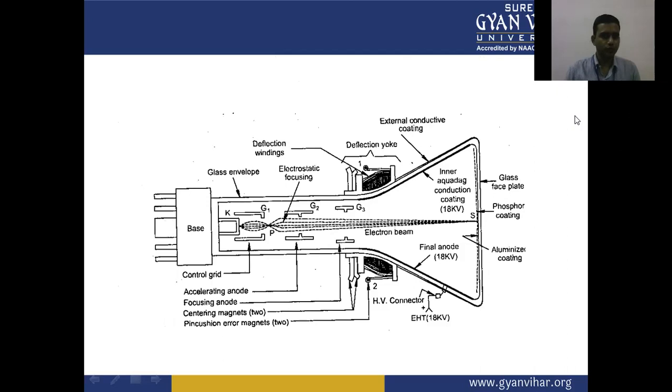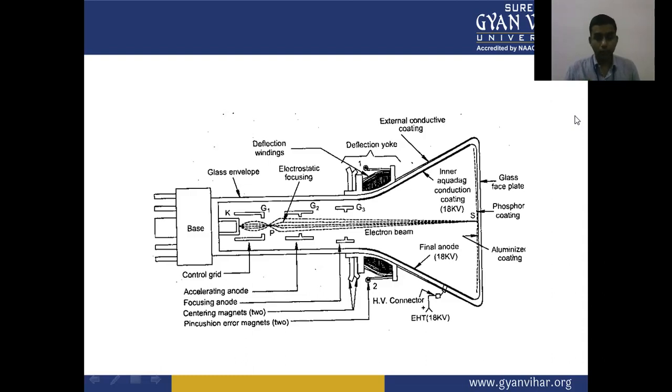In this picture, we have a cathode and anode. The cathode will generate the electron beam, and it is focused by electrostatic focusing, and a deflection coil is available for deflection, and this arrangement is inside a glass envelope.